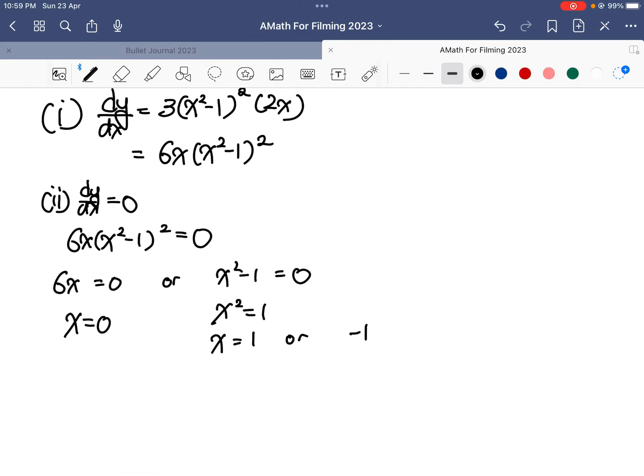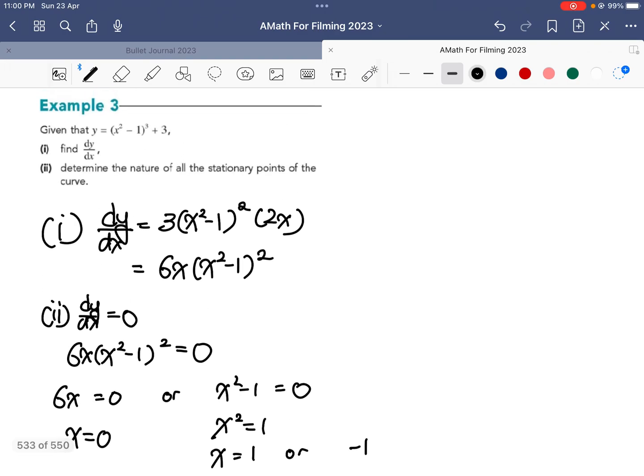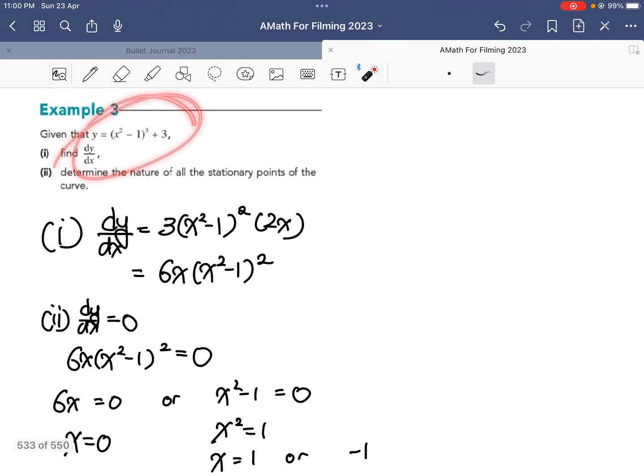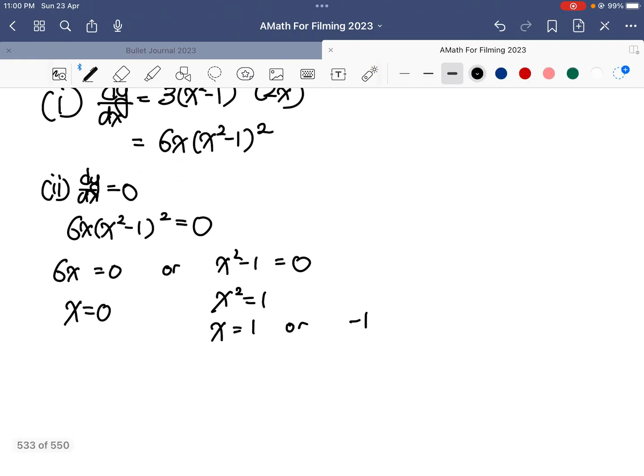Now I will just shortcut this. I use my original equation and substitute in the x values which I found, so I can find the corresponding y coordinates. When x equals 0, my y value is 2. When x is 1, y is 3.